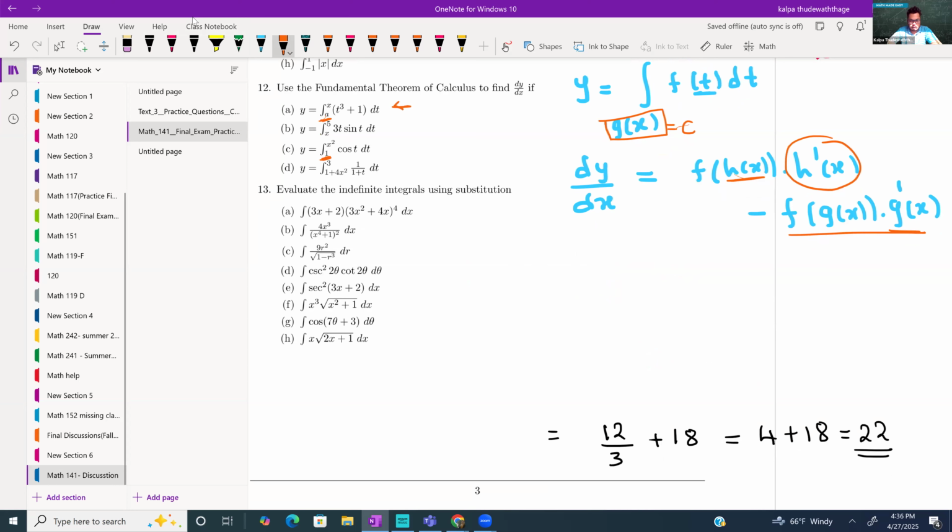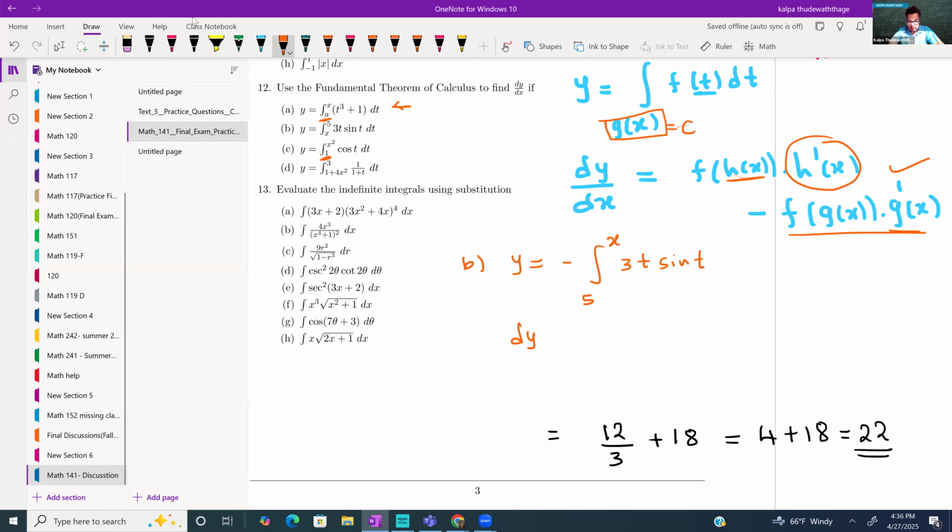Part B. In this case, I can switch the limits if I want. It really doesn't matter. You can use the general theorem if you want, but usually I would like to change it to pi to x and use the same theorem that I used previously.